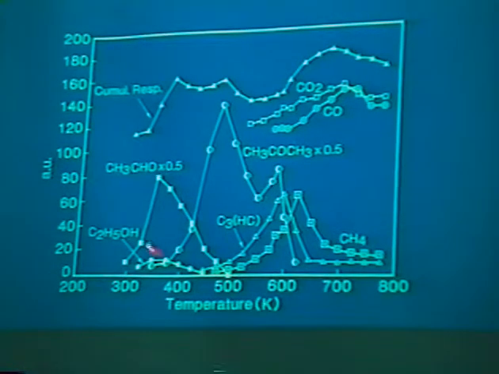At low temperature, what you observe is ethanol and acetaldehyde desorption, so no reaction or simple hydrogenation of acetaldehyde. In the medium temperature range, you find some acetone, and in the high temperature range, hydrocarbons, methane, together with CO and CO2. This was obtained on the alcohol synthesis catalyst, copper, cobalt, molybdenum on alumina.